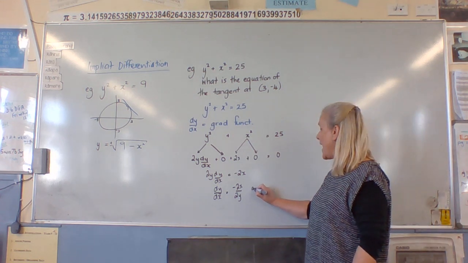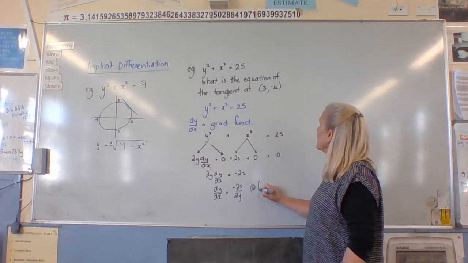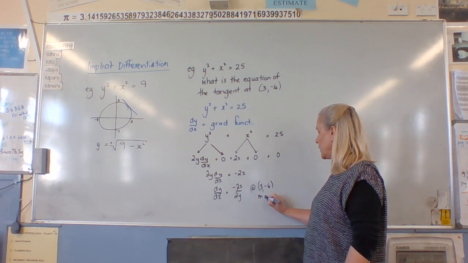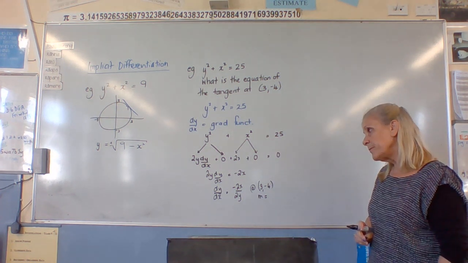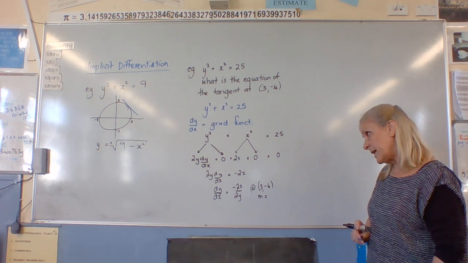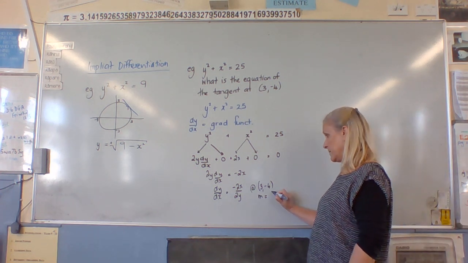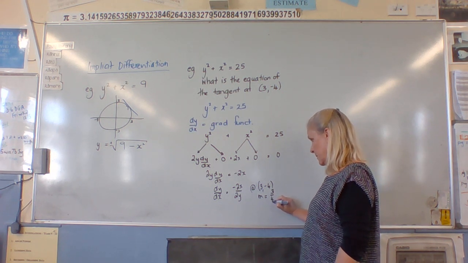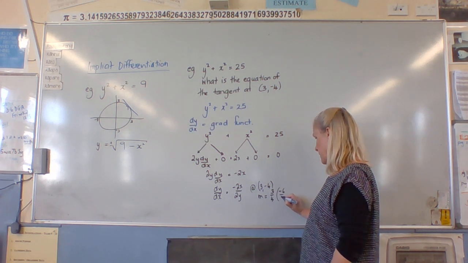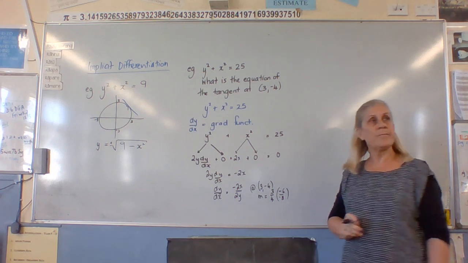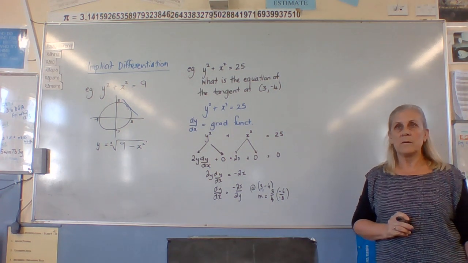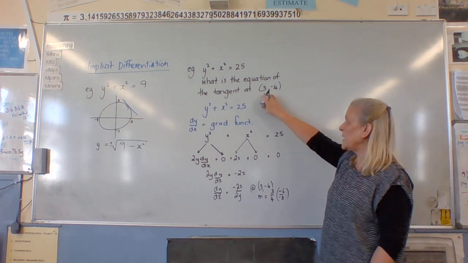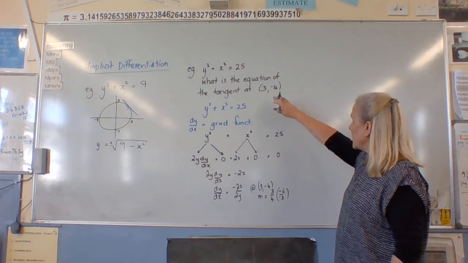So therefore, at 3, negative 4, the gradient will equal negative 6 over negative 8, 3/4. Happy with that? Okay. So now to find the tangent, I need a point. Well, they nicely gave me one.